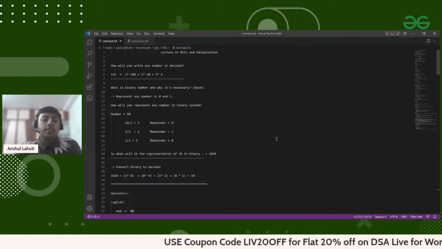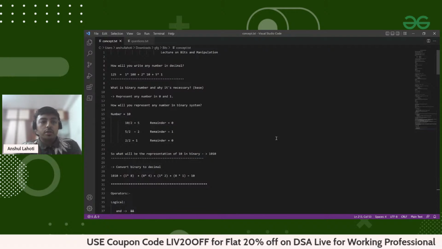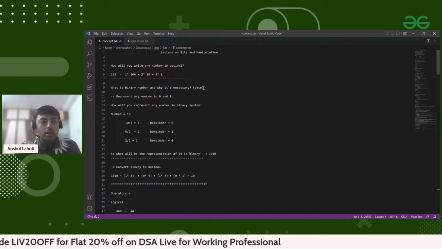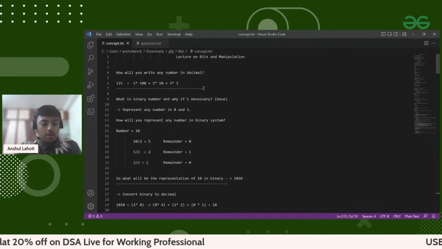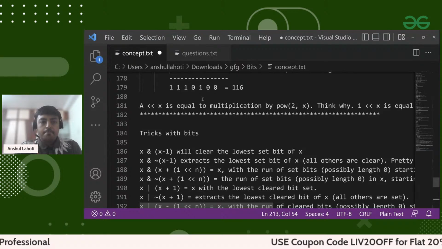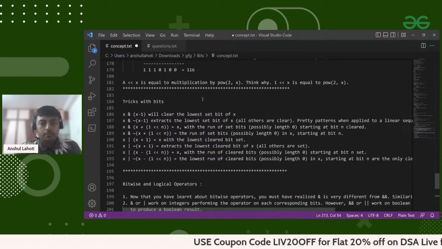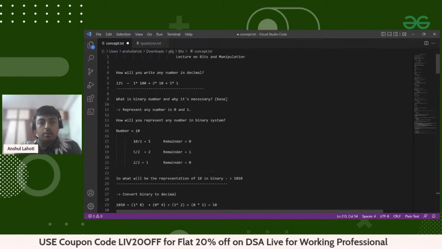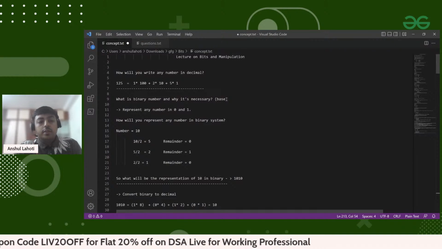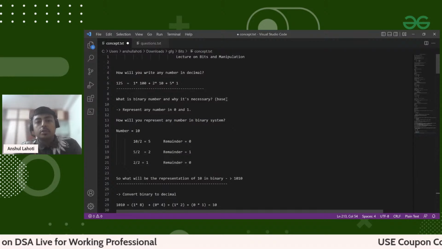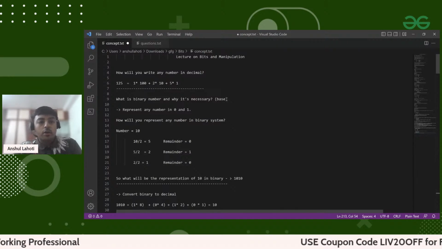So today's lecture is on bits and manipulation. First thing we will discuss is how we write any number in decimal. Suppose the number is 125, or any number.